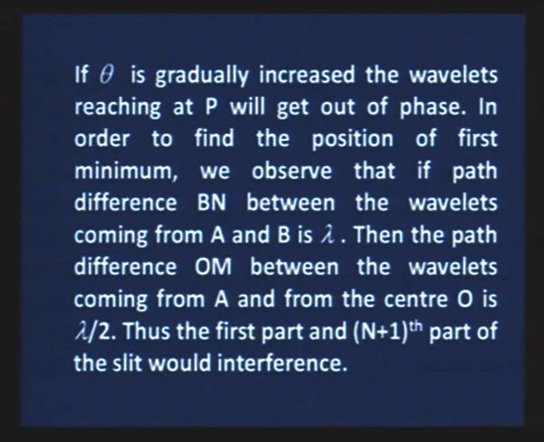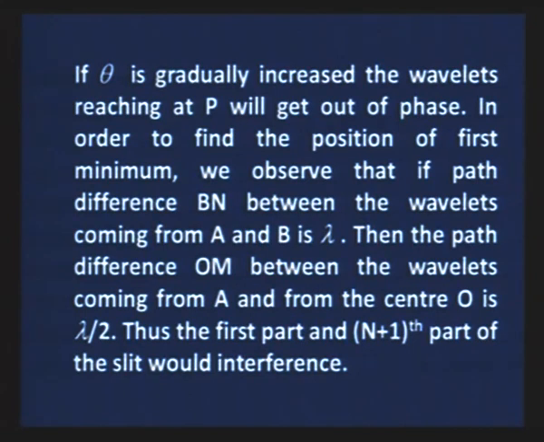If theta is gradually increased, the wavelets reaching at P will get out of phase. In order to find the position of first minima, we observe that a path difference Bn between the wavelets coming from A and B is lambda. The path difference OM between the wavelets coming from A and from the center O is lambda by 2.